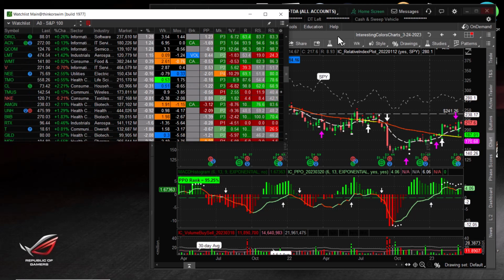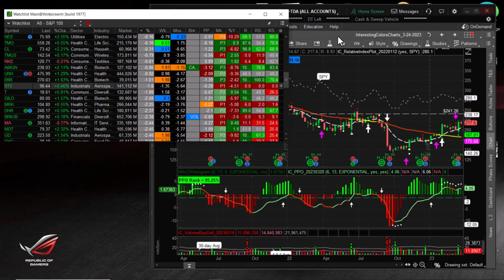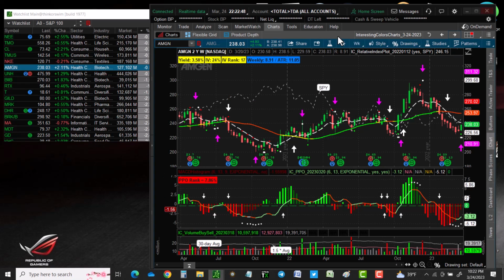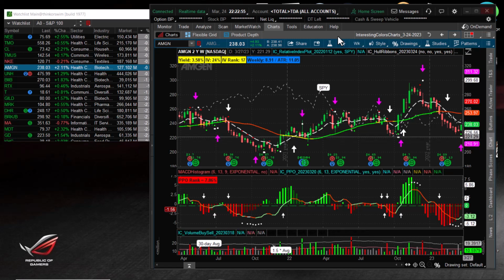So if I look at the PPOs in here, if you see red backgrounds, let's go look at Amgen. So this would be a super oversold spot. So again, this would more be kind of what I'd like to see if I'm going to go long on something. Again, it happened that we got a hold here today.